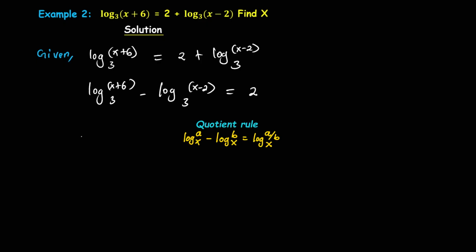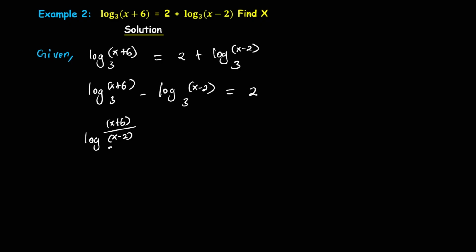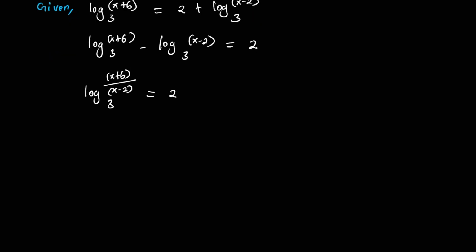And from the quotient rule, we will have log of x plus 6 divided by x minus 2 but to base 3 equals 2. And from logarithm to index notation, we will have 3 raised to a power of 2 equals x plus 6 divided by x minus 2.